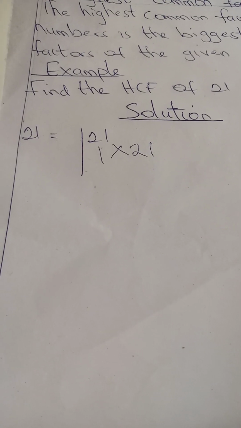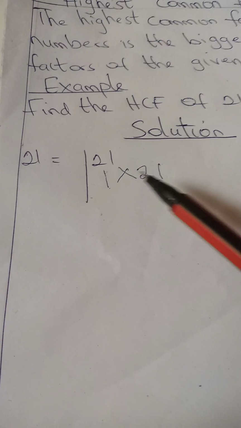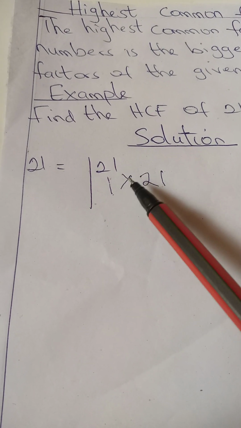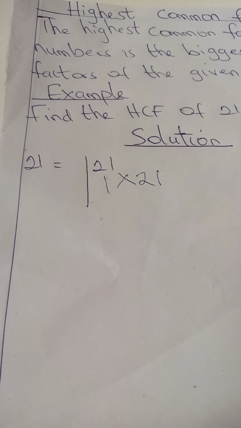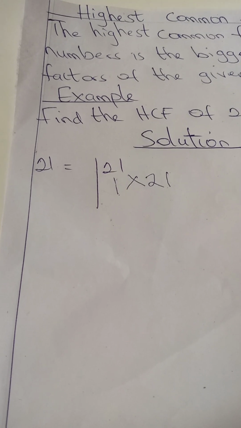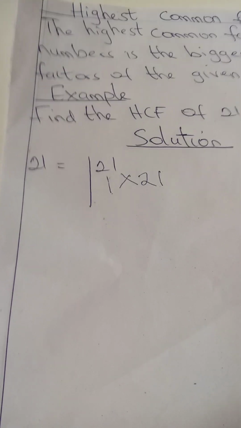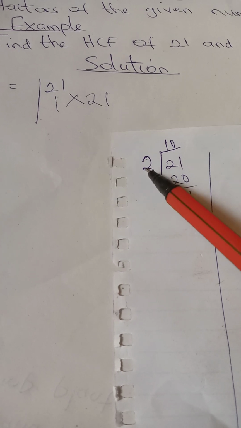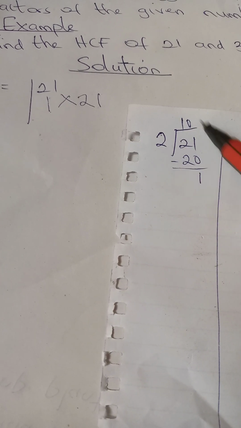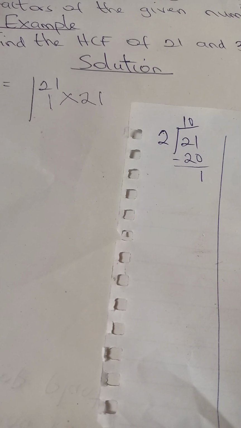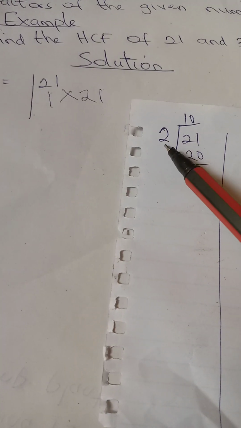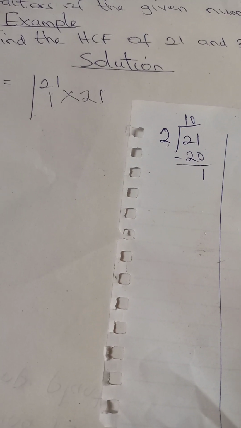Now let's get started. Here I've tried 1 times 21, so I'll move on to check if 2 can divide through 21. Here it is seen that 2 is not a factor of 21 because it has a remainder. So I've tried 1, I've checked 2, so I'll move to the next number, which is 3.